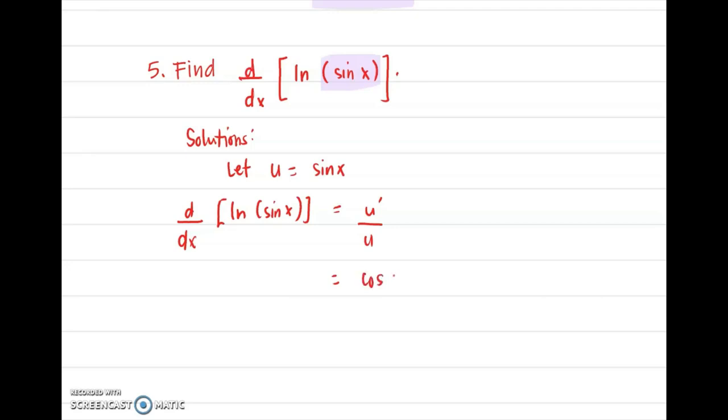So u prime is equal to cosine x over u, which is equal to sine x. And cosine divided by sine is equal to cotangent. So cosine x over sine x is equal to cotangent x. And that means the derivative of the natural log of sine x is equal to cotangent x.